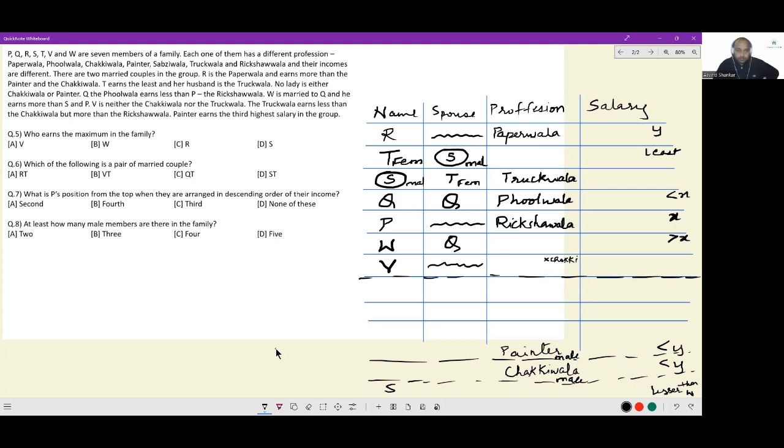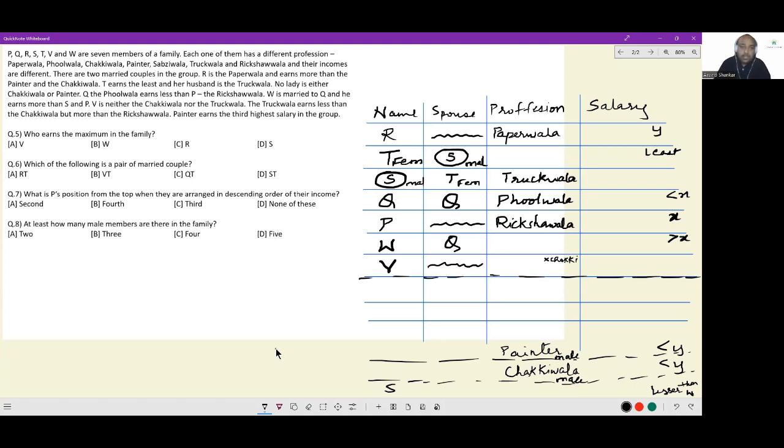The truck wala earns less than the chakki wala, but more than the rickshaw wala. The truck wala earns less than the chakki wala, which means the chakki wala cannot be the least.